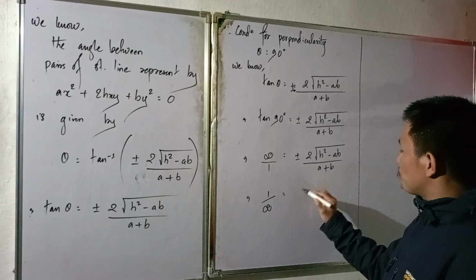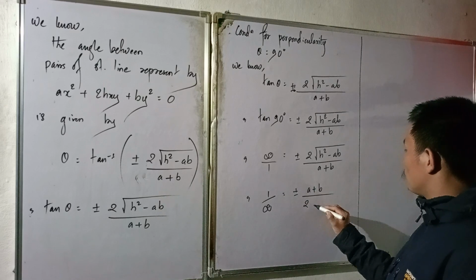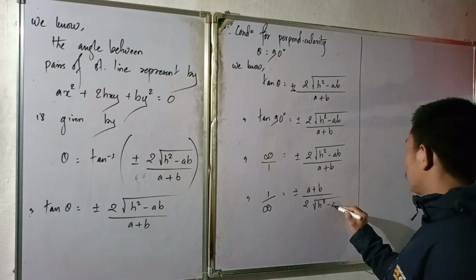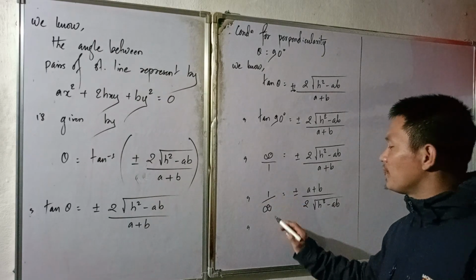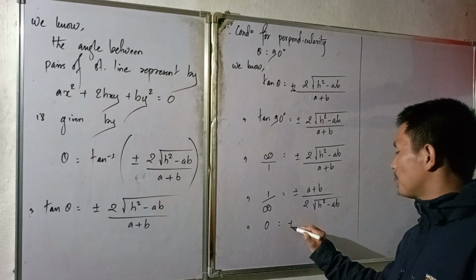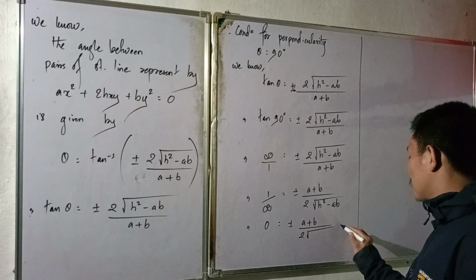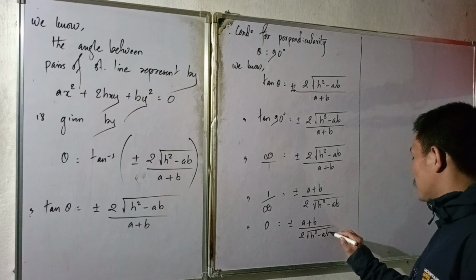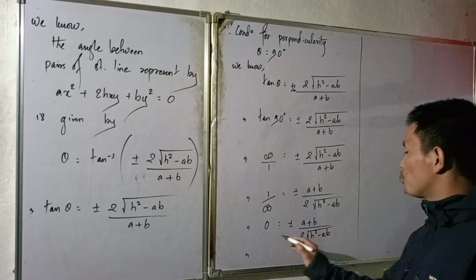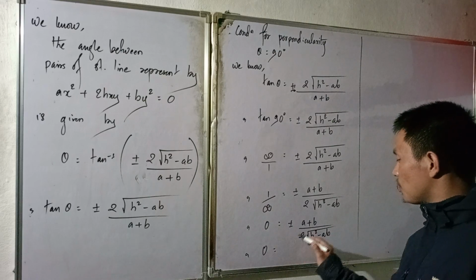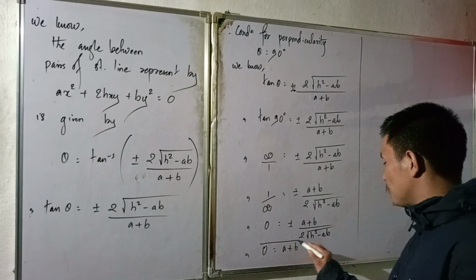Now this can also be reciprocated: plus minus a plus b divided by 2 times under root h squared minus ab. Something by infinity equals 0. When you multiply this with this, it all converts into 0. So here a plus b equals 0.